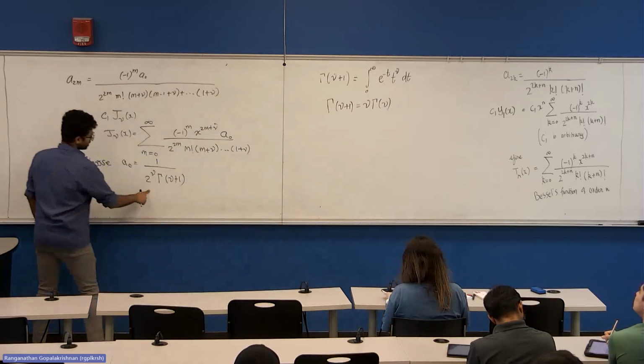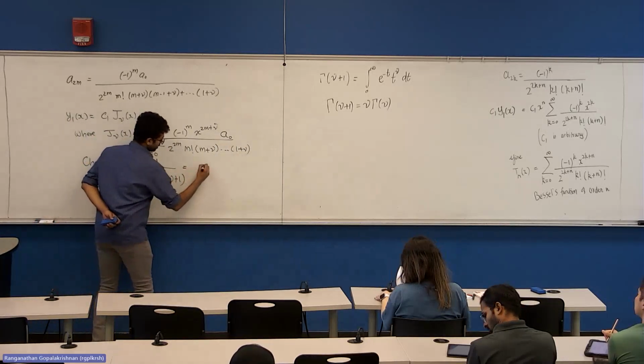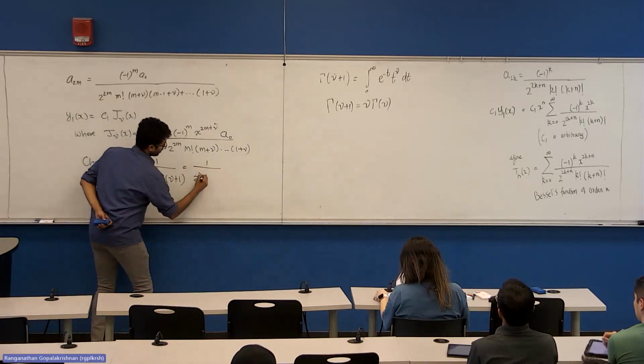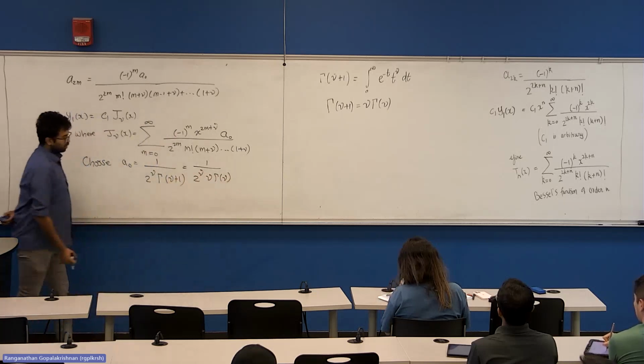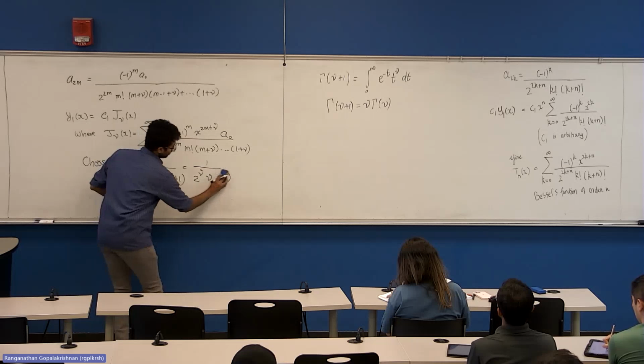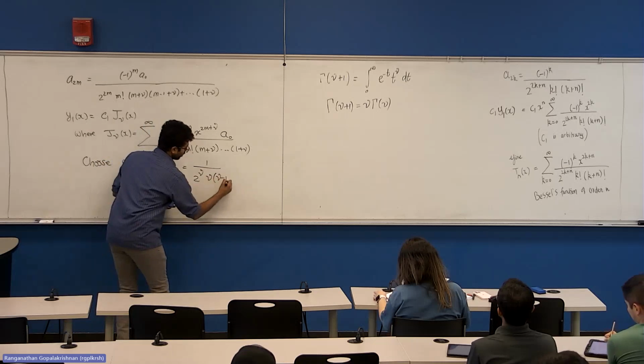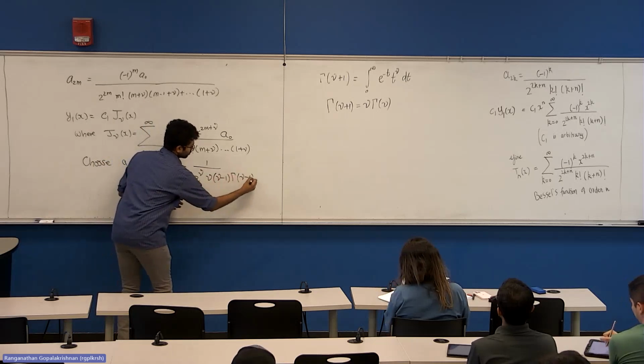So by choosing a naught equal to this, you can write this as 1 over 2 to the power nu times gamma of nu, and you can keep on doing this, which is equal to nu minus 1 times gamma of nu minus 1 and so on.